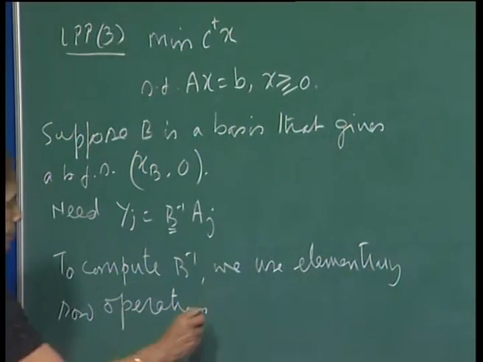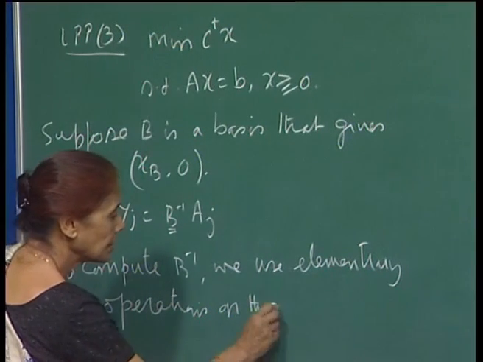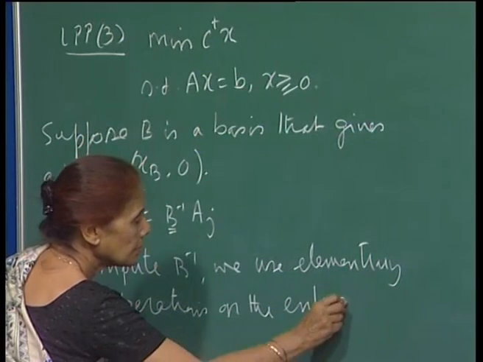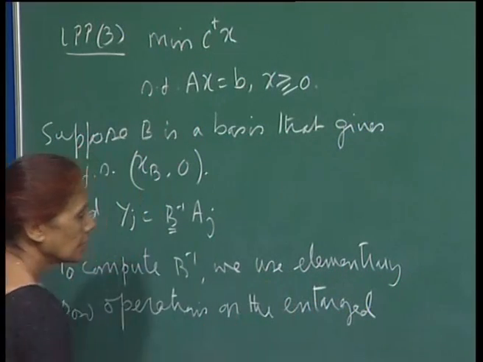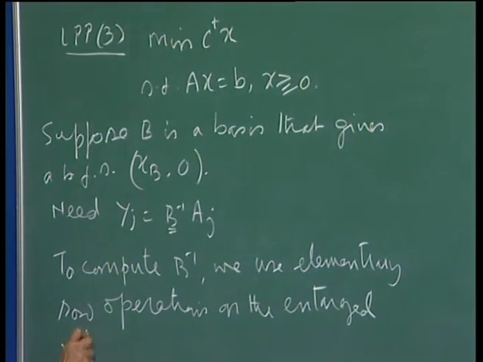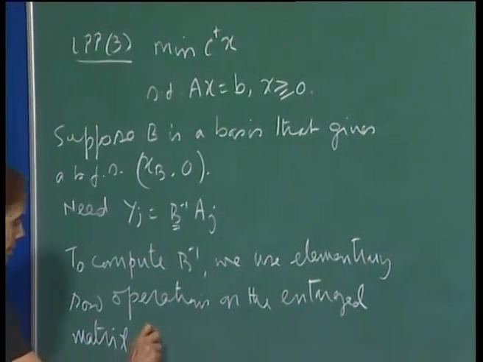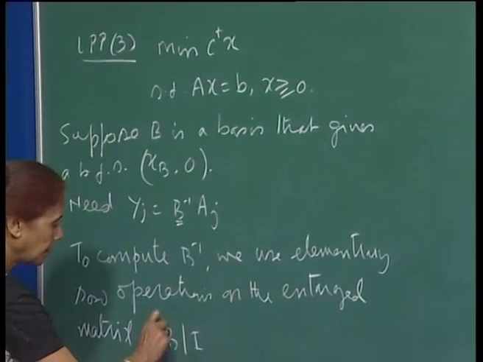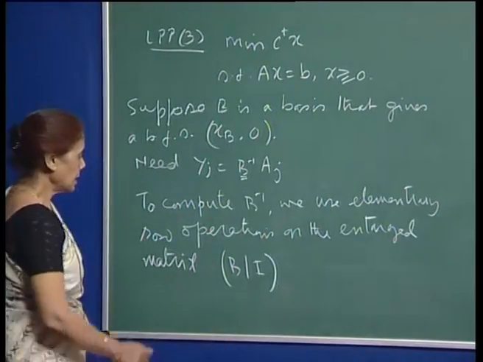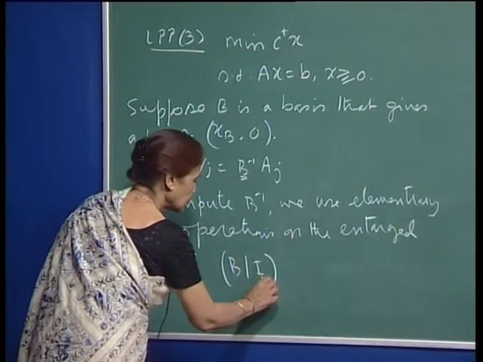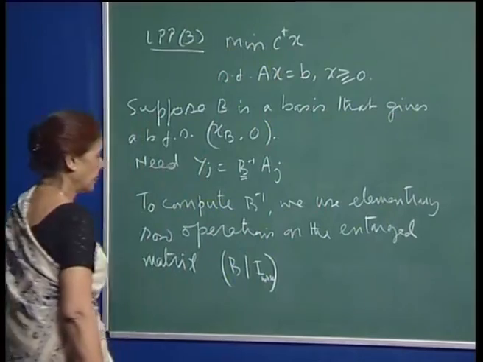We use it on the enlarged matrix B I, where I is of the same size as B, that is, m cross m.